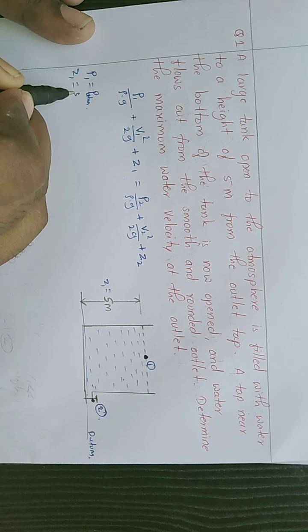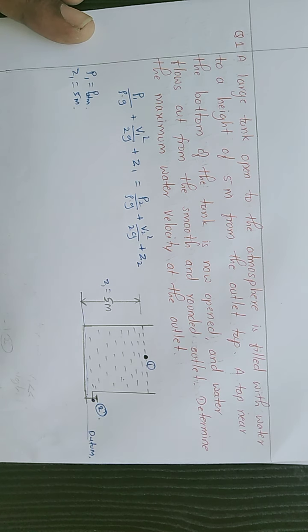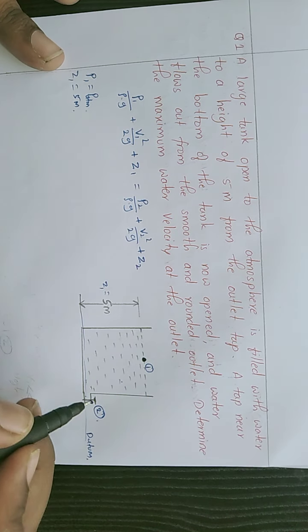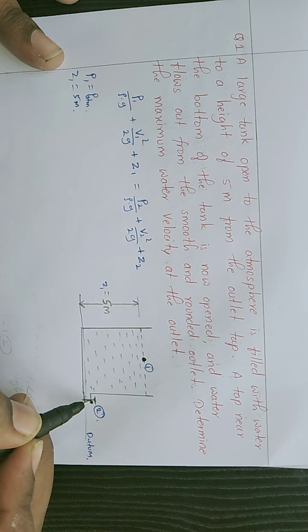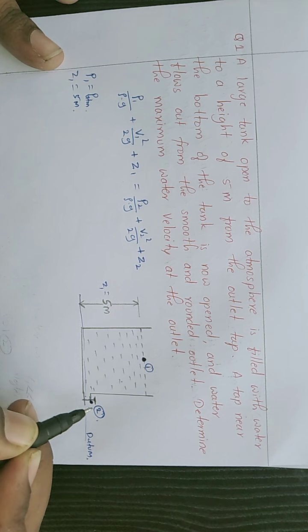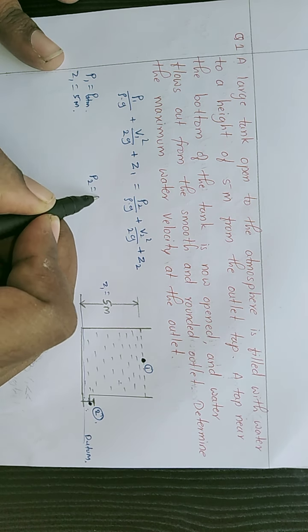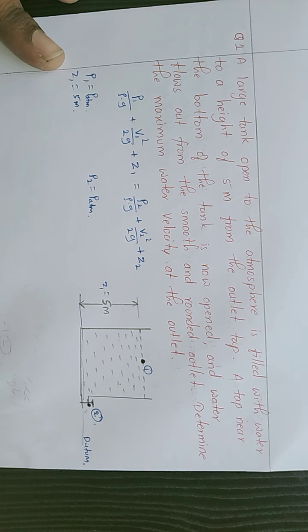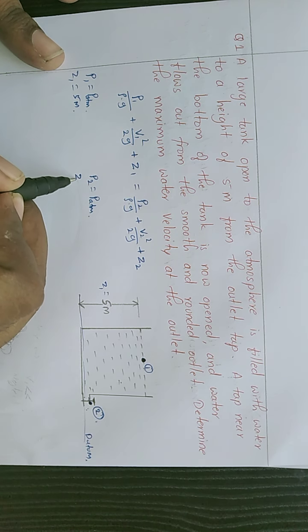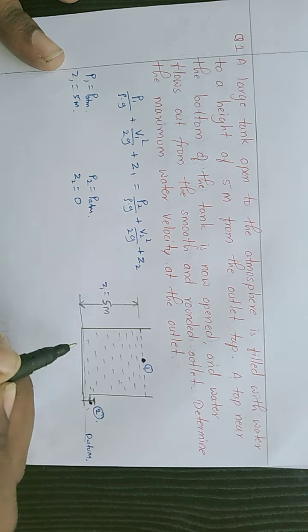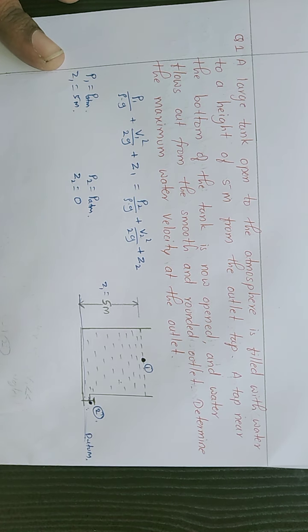So what is Z1? Z1 is 5 meters. Even here, when you open the tap, the water once it comes out is in contact with the atmosphere, so P2 is nothing but atmospheric pressure. And what is Z2? Z2 is nothing but 0, because we have taken this as reference.